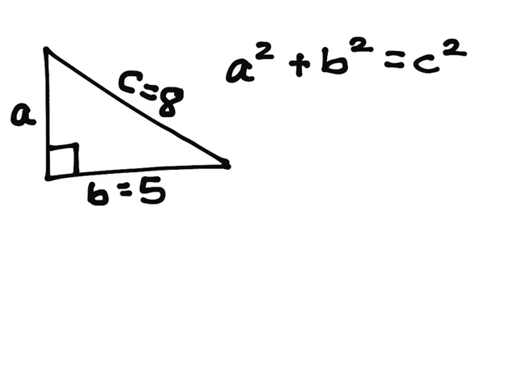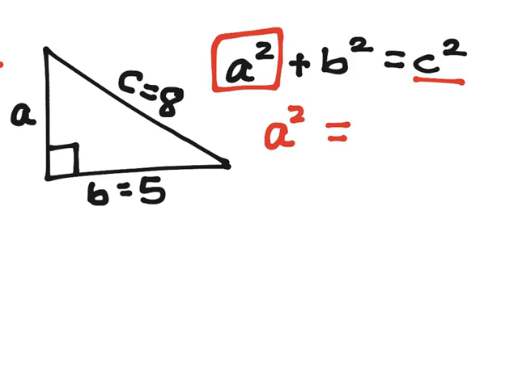So I'm wanting to solve for A in this situation. Right now my Pythagorean theorem is set up to solve for C. So I want to get this A squared alone on one side of the equal sign because I want to know what that equals. So I need to get this B squared and move it to the other side of the equal sign.